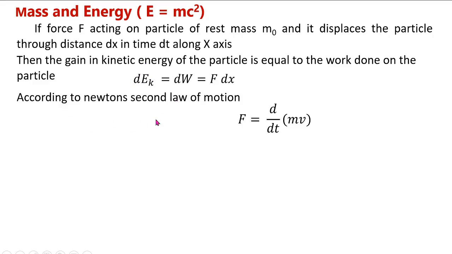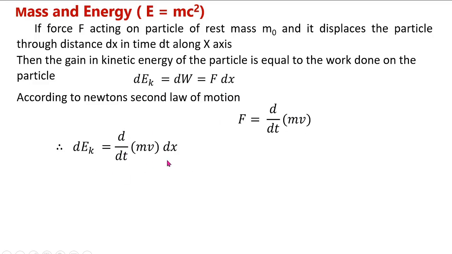According to Newton's second law, which you already know, the applied force is equal to the rate of change of momentum. M into v is momentum, and d by dt of mv is the rate of change of momentum. If we substitute this value of F here, then the increase in kinetic energy is equal to d by dt of mv into dx.